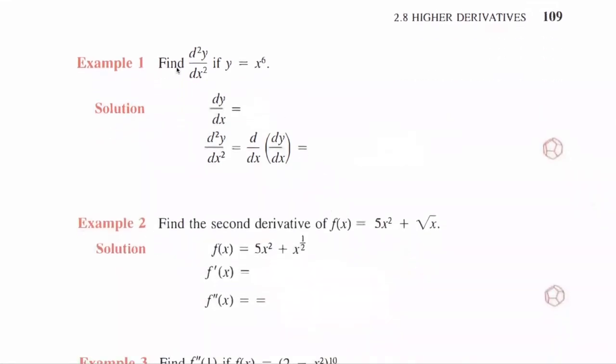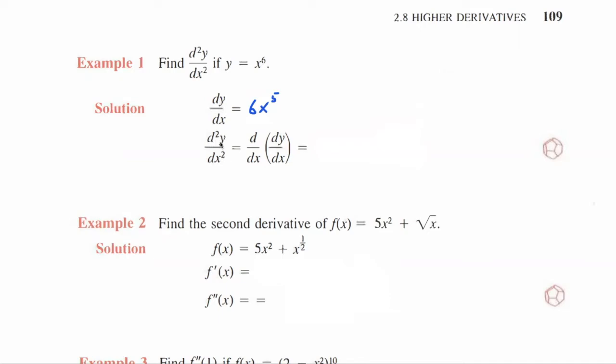It's asking us to find d squared y over dx squared if y equals x to the 6. Now we notice with the superscript 2 that we are taking the second derivative of x to the 6. So let's take the first one. dy/dx using Leibniz notation is equal to: take the exponent down, and then subtract 1 from the exponent here. So we have 6x to the 5. That's the first derivative, and now we have to take the second derivative.